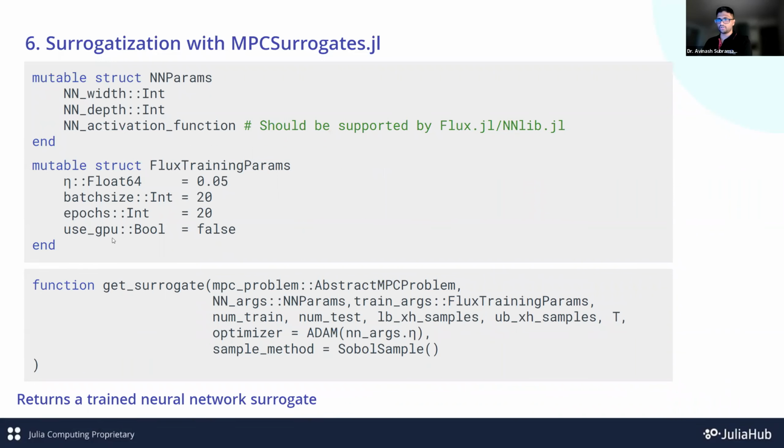Then the functionality would be to basically pass in the MPC problem, these arguments, the number of training trajectories, the number of test trajectories, and then sample the inputs, the initial points, the box in which they need to lie, and the optimizer for training, the sample method, and so on. And then there's a get surrogate functionality that returns the trained neural network surrogate.